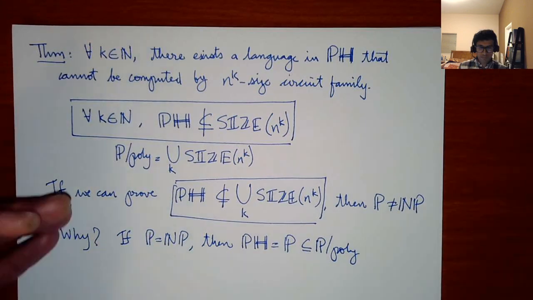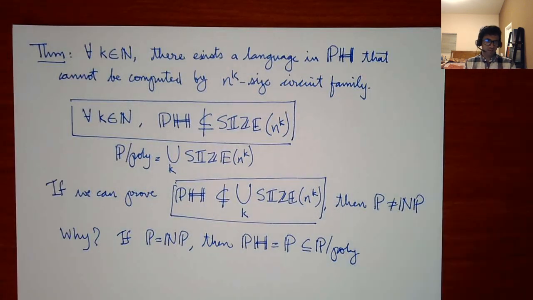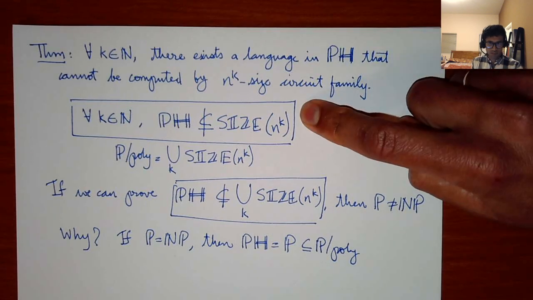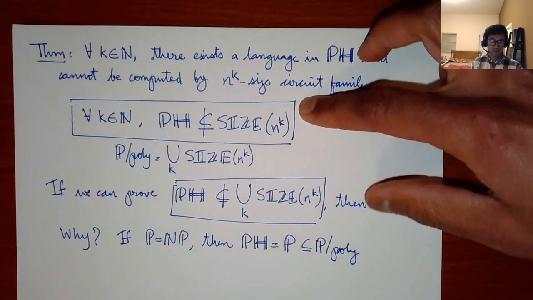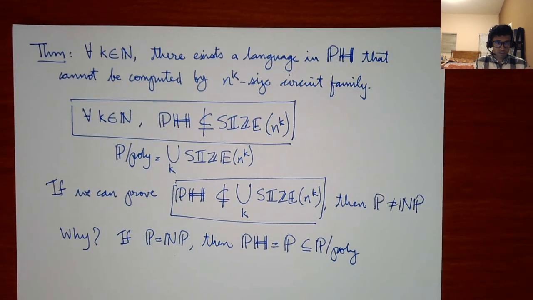And so it seems that many of these kinds of results, this theorem that is one of the homework problems, suggested to researchers that we are getting fairly close to proving that P is not equal to NP, because we're able to prove that the polynomial hierarchy cannot be computed by an n to the k size circuit family.